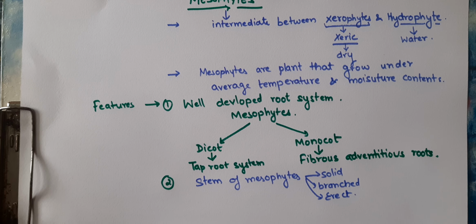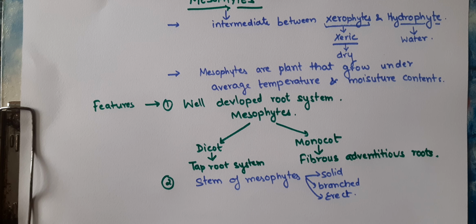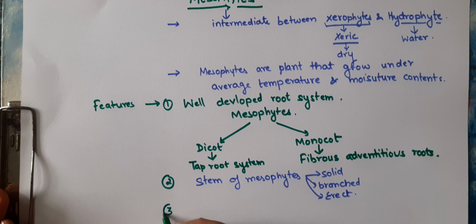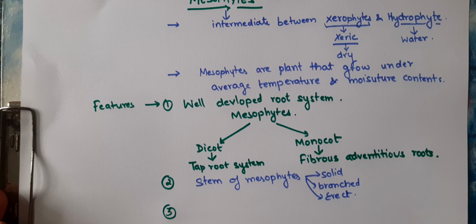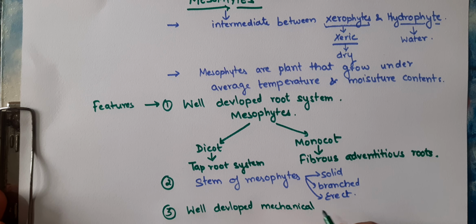Okay, the third feature of the mesophyte is that it has well developed mechanical and conducting tissue. Mechanical tissue is needed for the support of the plant.